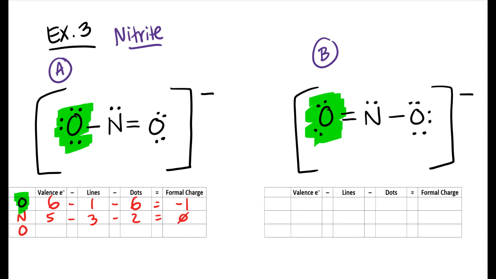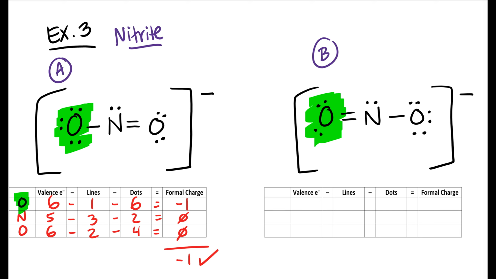Last oxygen there, 6 minus 2 minus 4, I get 0. Okay, so first of all, the sum of the formal charges has to equal the charge of the entire molecule. So add up all these formal charges, we get -1. This is valid because our charge is a -1.